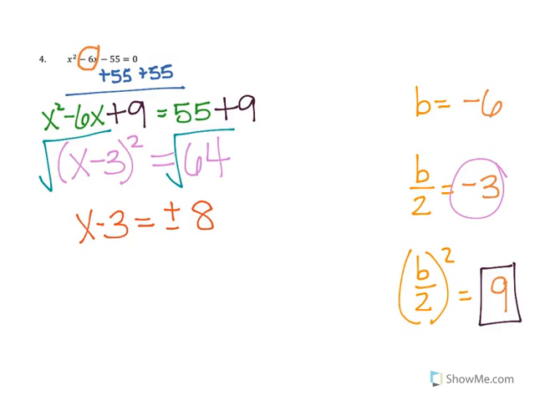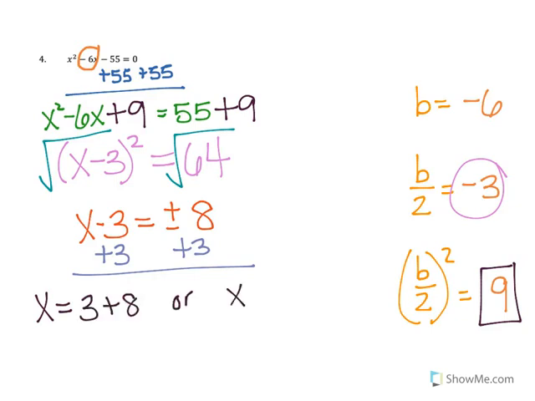And we're on to the last step. So in the last step, we just need to solve for x. So we are going to add 3 to both sides of the equation to get x alone. And your two options are 3 plus 8, or x could equal 3 minus 8.